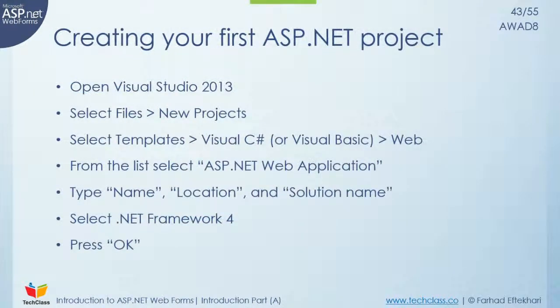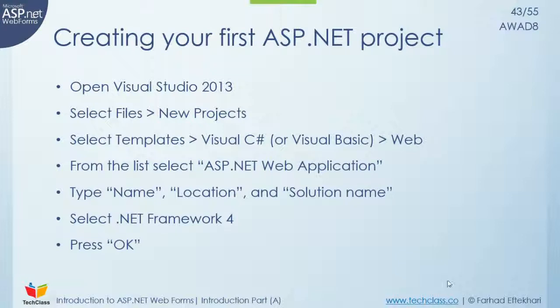And to create your first ASP.NET project, here are the steps that you need to follow. First, you need to open Visual Studio 2013, and then from File, select New Project, and then from Templates, if you're using Visual C Sharp, use Visual C Sharp or any other languages that you are familiar with, if you previously worked with any, and then select ASP.NET Web Application, and then type your application's name, location, and solution name.